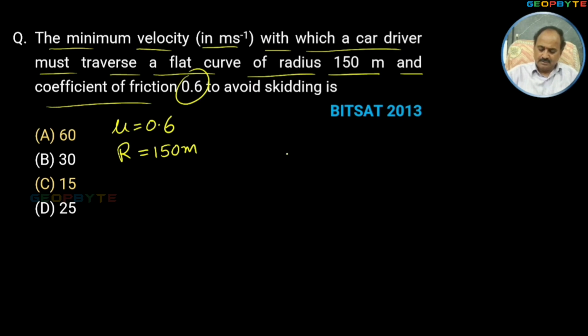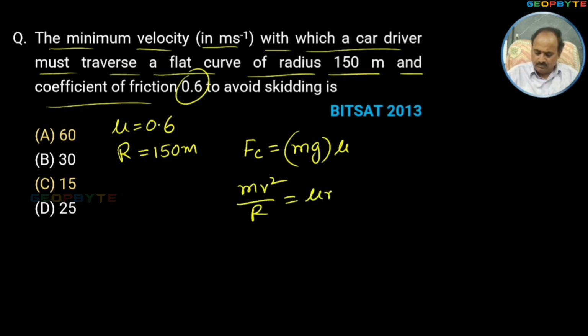Very simple. Here there is a centripetal force in the curved path that must be balanced by the frictional force, that is mu mg. So Fc equal to what? mv square by r equal to mu mg. The m will cancel.